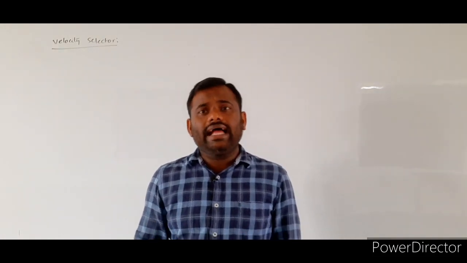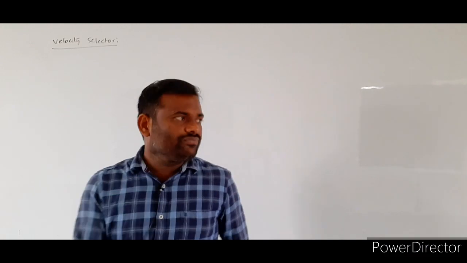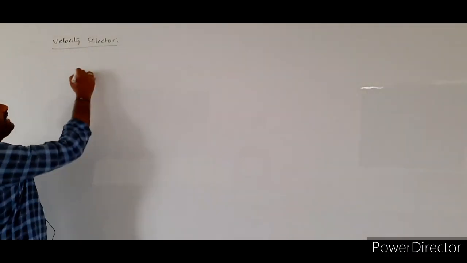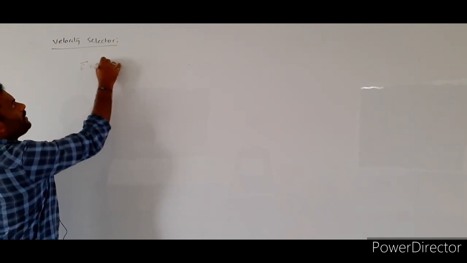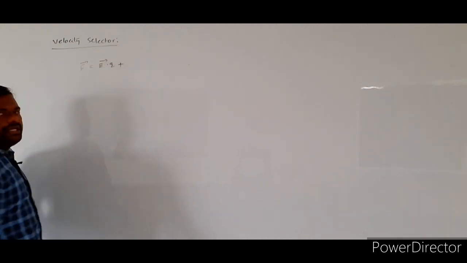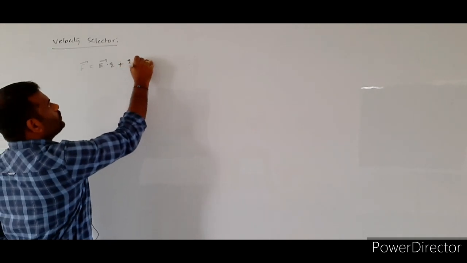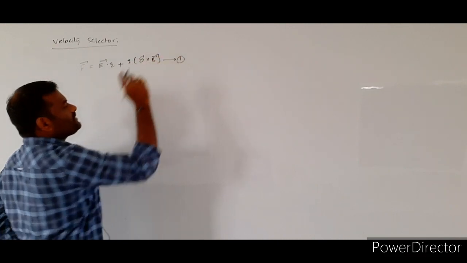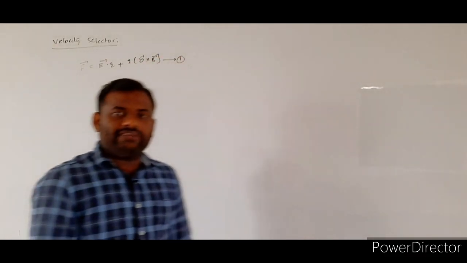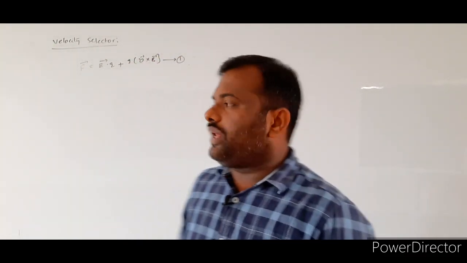So what is the meaning of Lorentz force? The net force experienced by the charged particle in the presence of both the electric field as well as the magnetic field is given by F = E Q plus Q V cross B. This net force we call the Lorentz force.